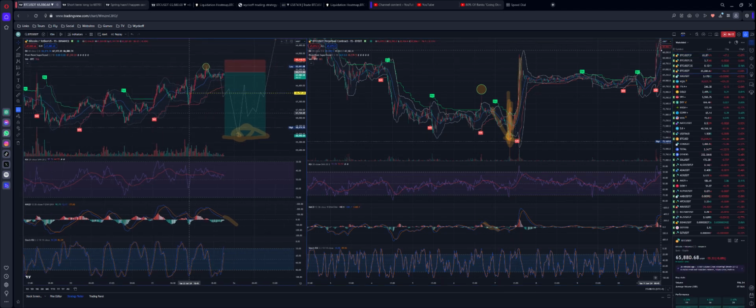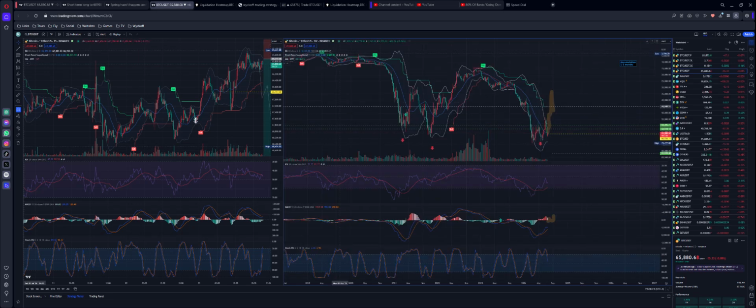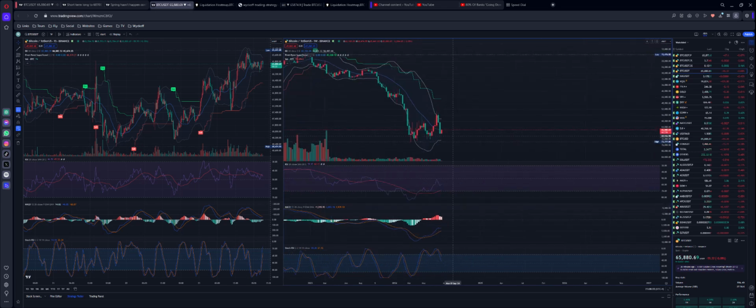Definitely sometime this week, before the weekly close. Why I say it's going to be the closing week is because we're actually going to erase one week of gains, right? Closing week, you see this green bar here? We're actually going to erase that gain, the 62K, like I've been saying.